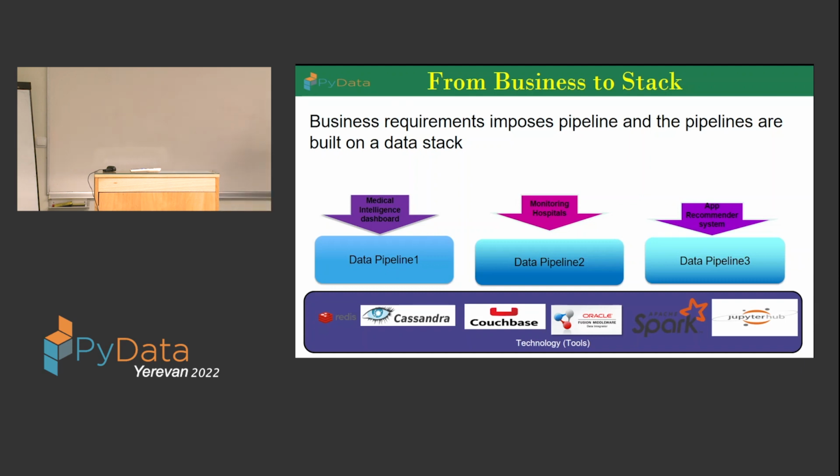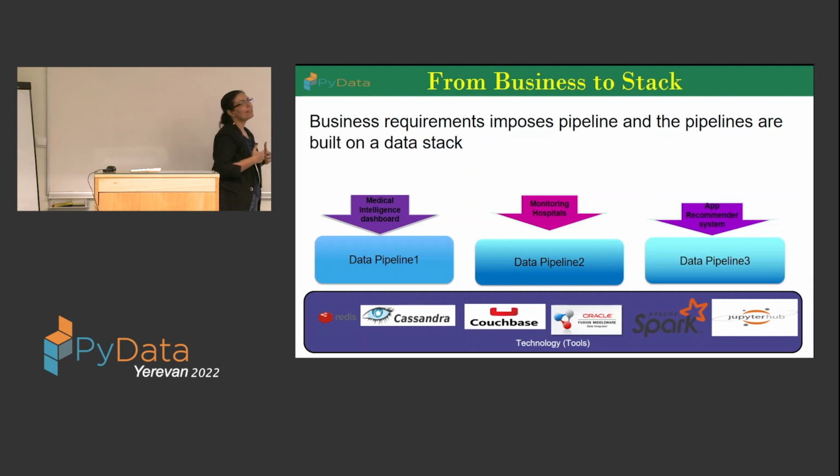Or, for example, maybe we want to monitor hospitals, or managers in hospitals want to check the performance of people who work in a hospital. So because of these requirements, I have to develop a pipeline. This pipeline can be batch or streaming. Today we are going to talk about streaming.